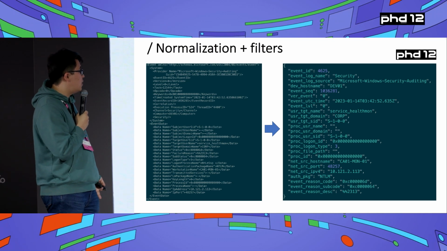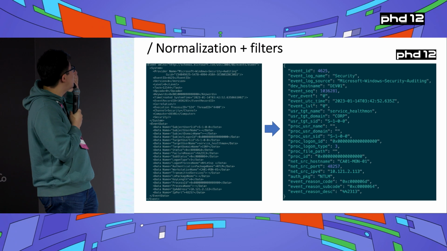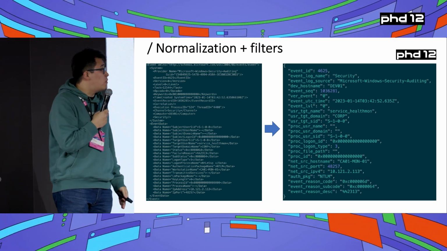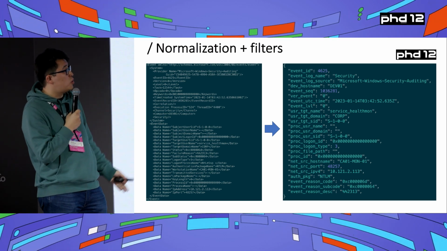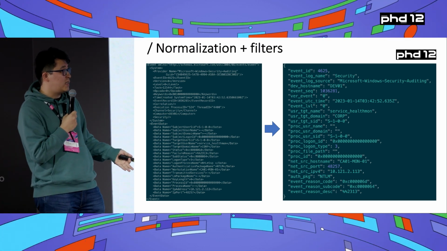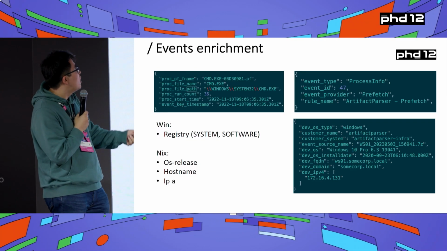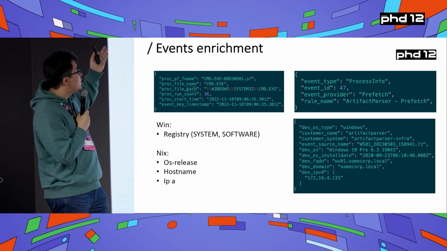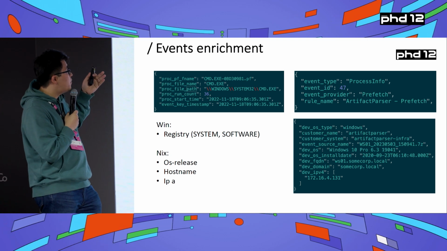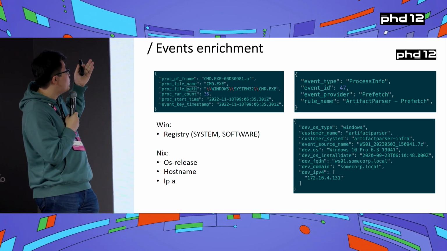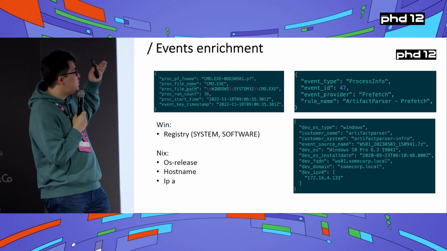This is how it actually looks at the entry point. This is event 4635 from the Windows security log, and we would get only the fields that we would need for the detection and post-analysis. And then we would enrich that. This is how it's been enriched with events. On that slide you can see an example of what we would get from the prefetch.